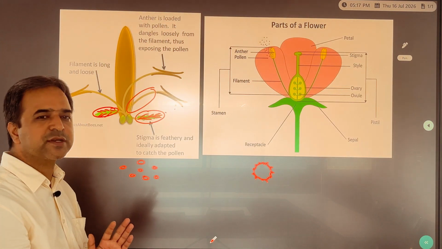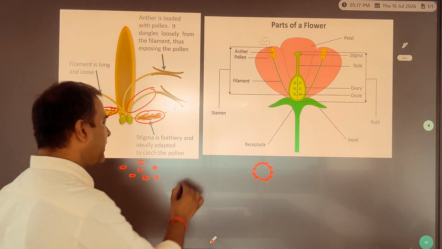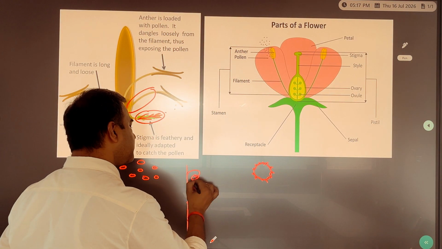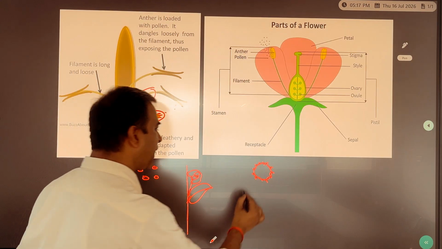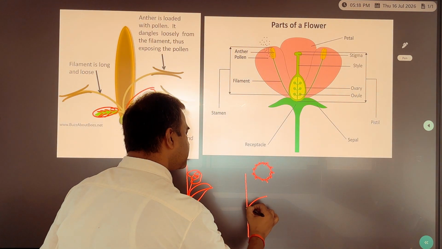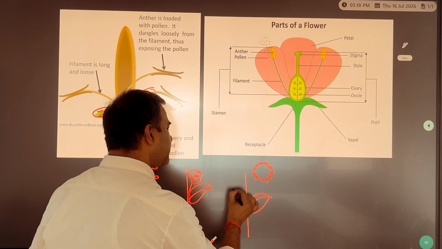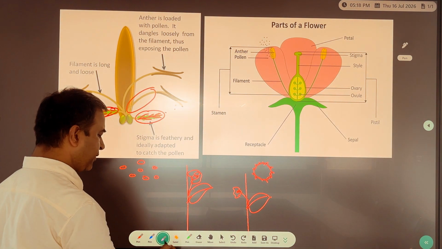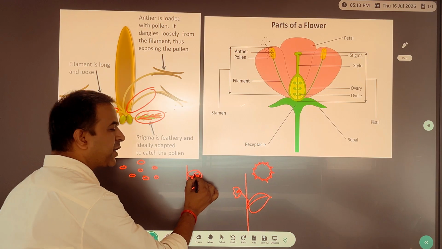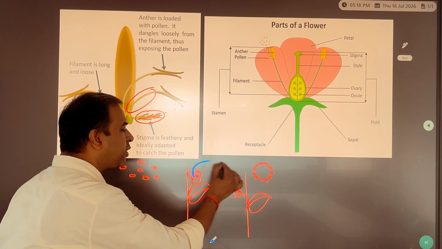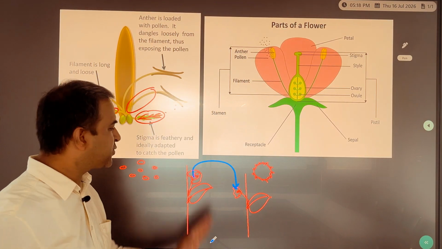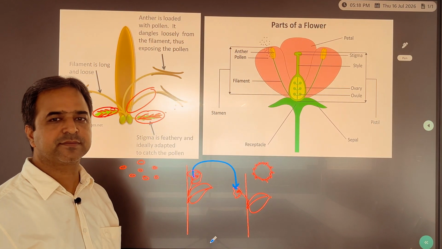Okay, so here this is cross-pollination. What do you mean by cross-pollination? Again, I explain. Suppose this is one plant, this is another plant. If pollen grain is transferred from one flower to another flower belonging to a different plant, this is cross-pollination.